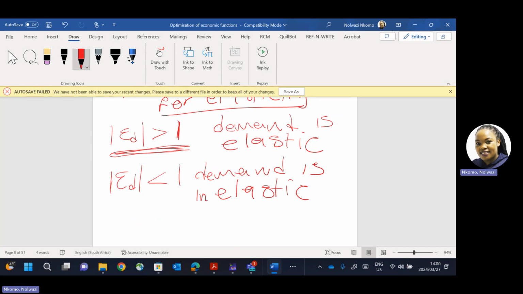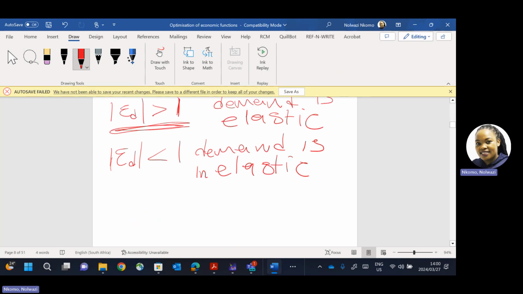Okay, then we have the last condition, which is equal to 1. If this is equal to 1, this is inconclusive. We have unit elasticity. And this means when the price increases by 1%, demand decreases by 1%. Okay, here on the first one, this means the demand is elastic.